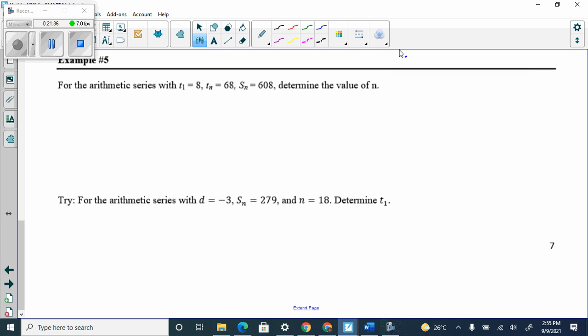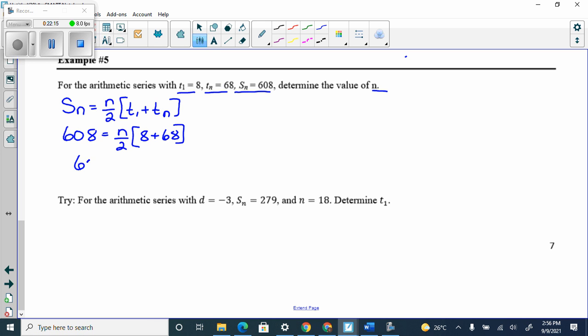All right, so this one says, for the arithmetic series, I gave T1 is 8, Tn is 68, Sn is 608, and I want n. Which formula am I going to use? First or second? The second one, because I gave you Tn. So Sn equals n divided by 2, bracket T1 plus Tn. So Sn is 608, n divided by 2, T1 is 8, Tn is 68.